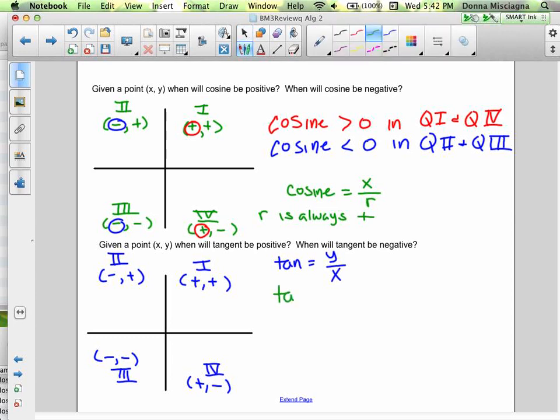Right? So tangent is going to be greater than 0 when x and y are both positive or both negative.